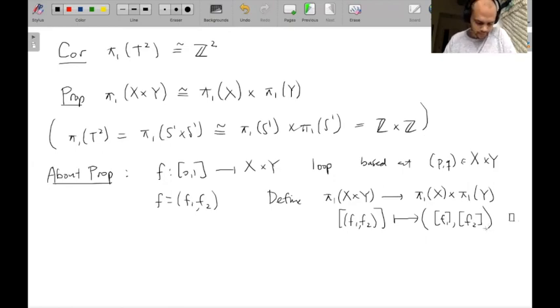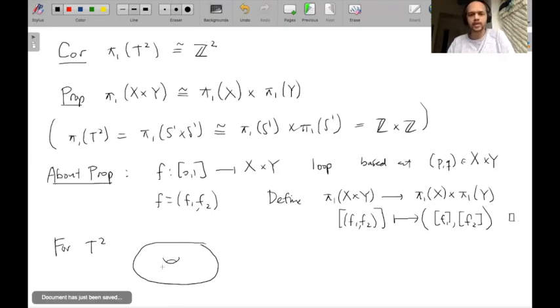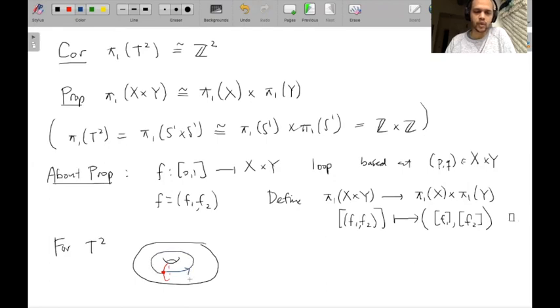But in particular, we see for the torus we know exactly what the generators are. So this identification with Z squared, that's the fundamental group of the circle with the fundamental group of the circle. So we know what the generators for the fundamental group of the circle are. You have a circle in this direction, and then you have a circle in this direction, where one coordinate is kept constant.